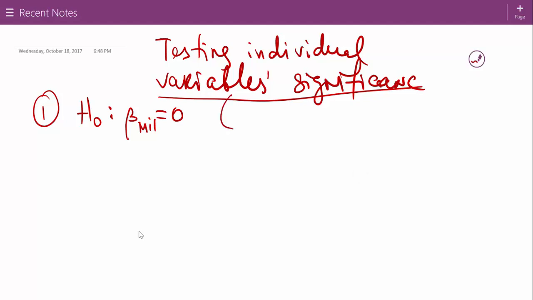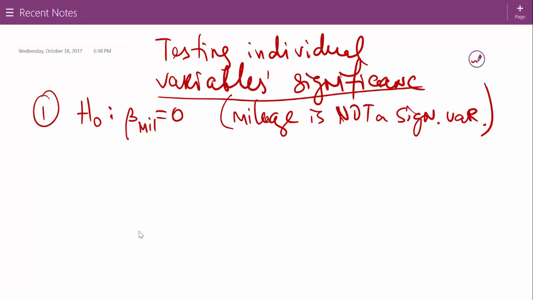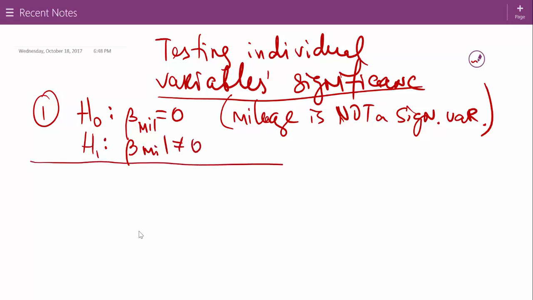So null hypothesis is essentially the same thing as mileage is not a significant variable, right? I'm going to abbreviate, okay? So alternative is, no, it is significant. It's got to stay, right? So alternative is that the slope for the mileage cannot be set to 0. So that's my first hypothesis.